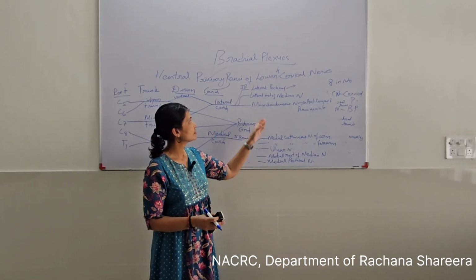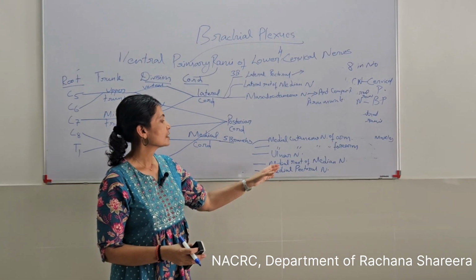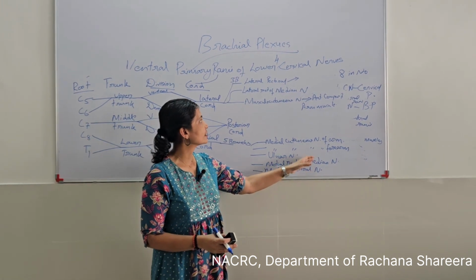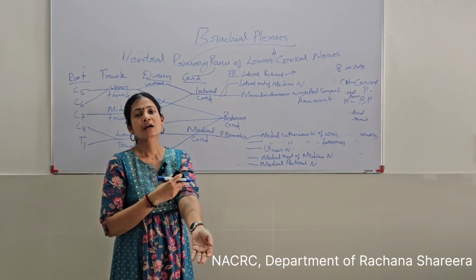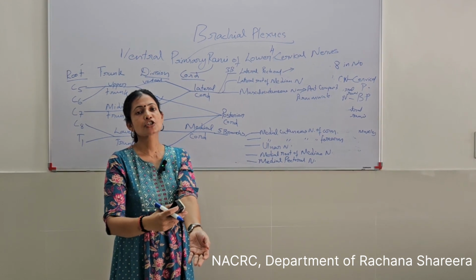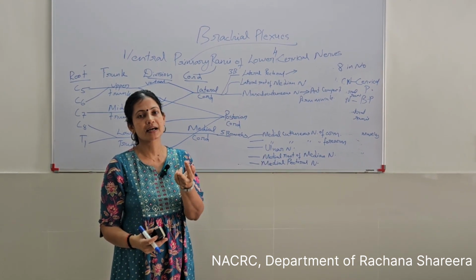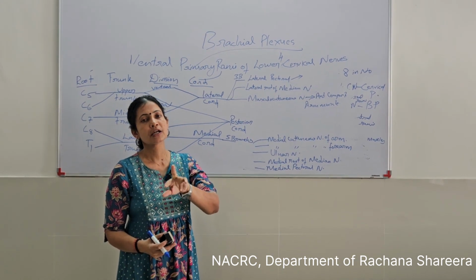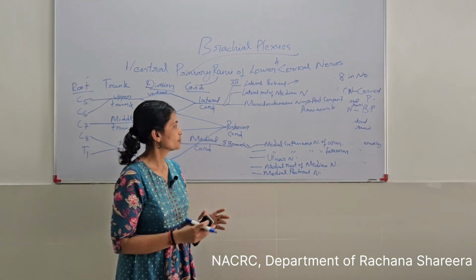Medial pectoral nerve, like lateral pectoral nerve, supplies the pectoral muscles. Now medial root of median nerve, or median nerve, in turn supplies the anterior compartment forearm muscles, except flexor carpi ulnaris and flexor digitorum profundus, which are supplied by the ulnar nerve.